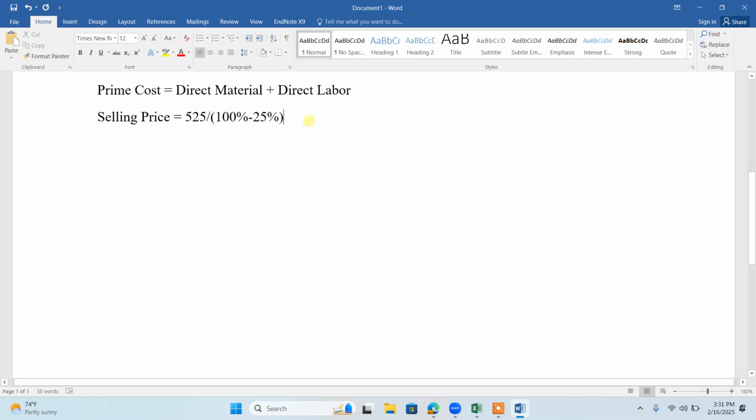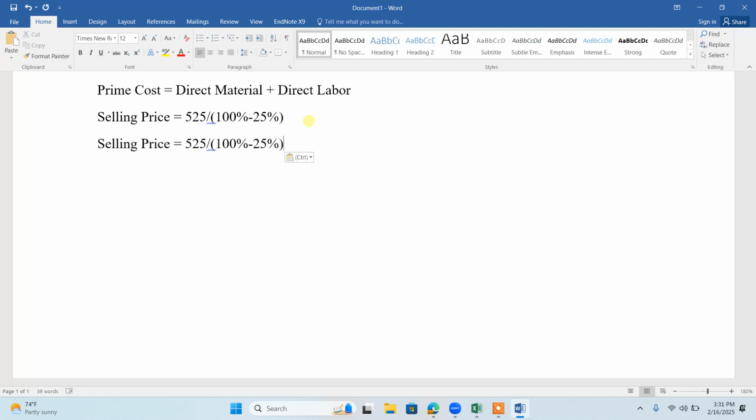So if you divide 525 by 75%, or I can write like this also, instead of 75%, I can simply write 0.75.